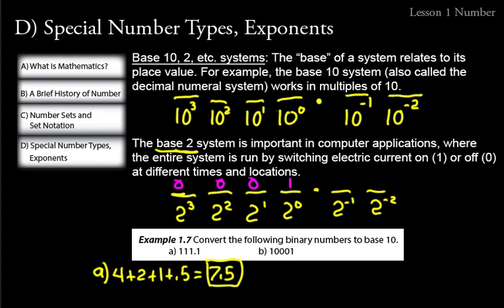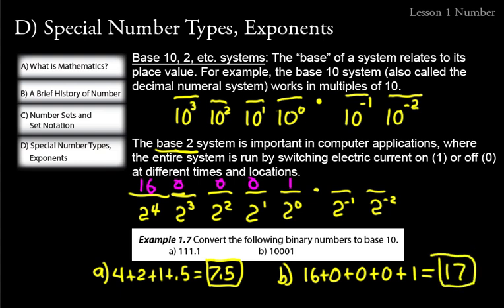We need a 2 to the 4th in there too, because 2 to the 4th is on. So what is 2 to the 4th? Well, that's 16, right? So for B, 1, 0, 0, 0, 1 in base 10, that's 16 plus 0 plus 0 plus 0 plus a 1, which is 17. That's the base 10 equivalent.